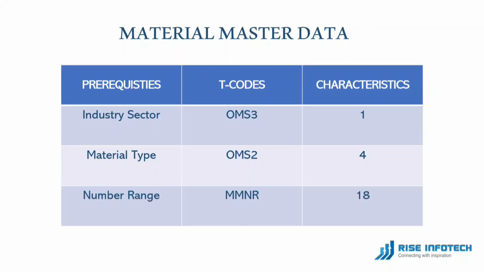It refers to the configuration that controls how material numbers are assigned when creating a material. The material number is a unique identifier used to track the record and manage materials in the SAP system. The T code was MMNR, and the characteristics was 18. In S4 HANA we have 40 characteristics, but in ECC we have only 18 characteristics.